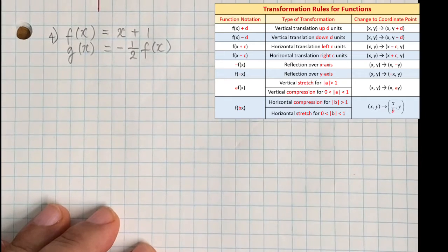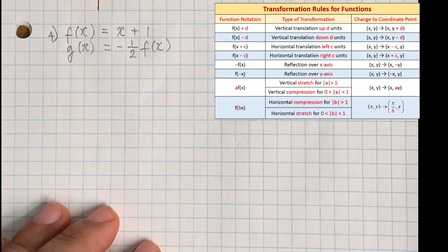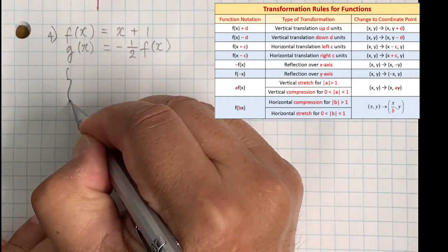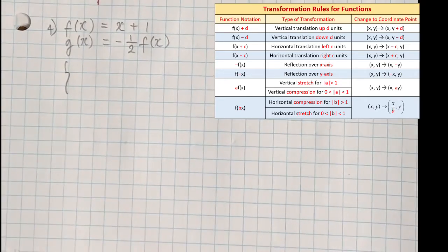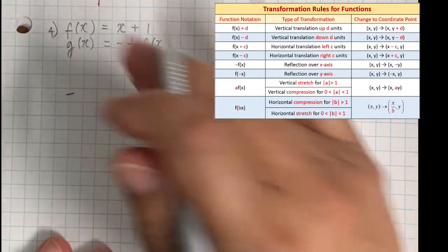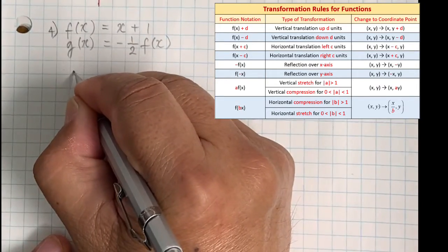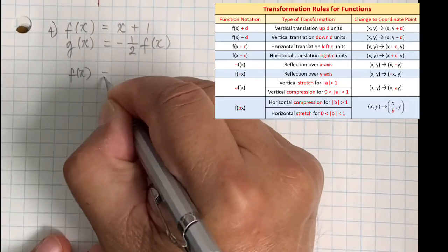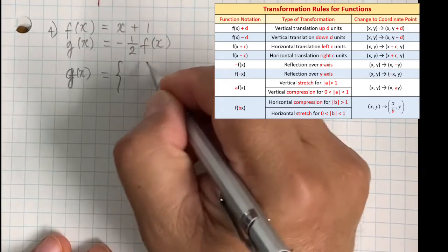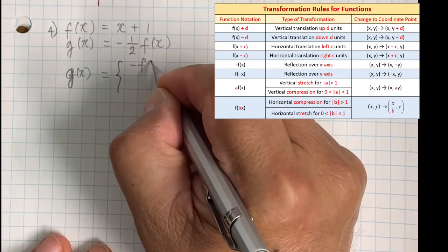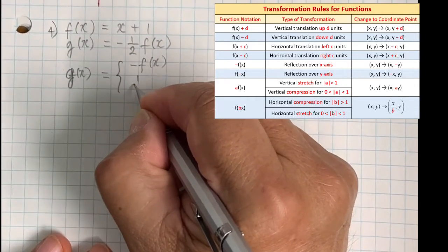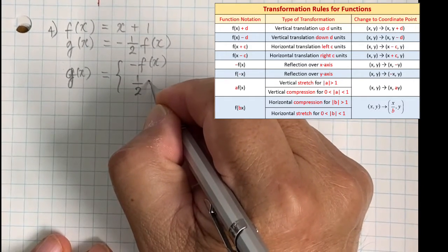Okay, so actually we can break it into two things. So g of x equals negative f of x, see right here? And also 1/2 f of x. Okay.